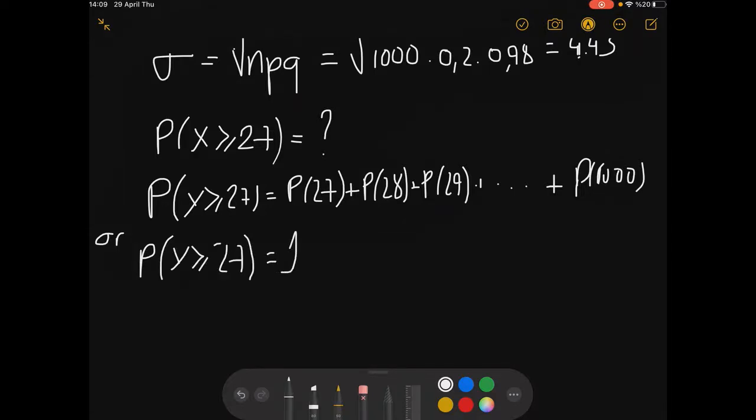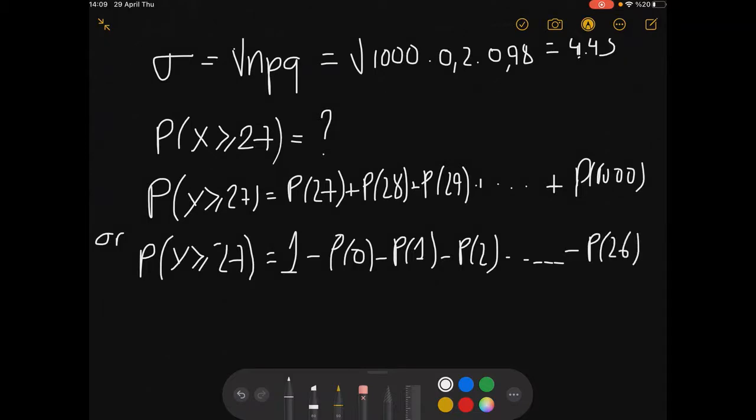Equal to 1 minus probability of having 0 minus probability of having 1 minus probability of having only 2 minus up to probability of having 26. This is much more easier to calculate, right? Are you crazy? This isn't easy as well.